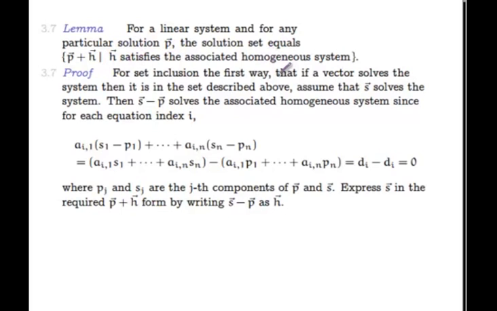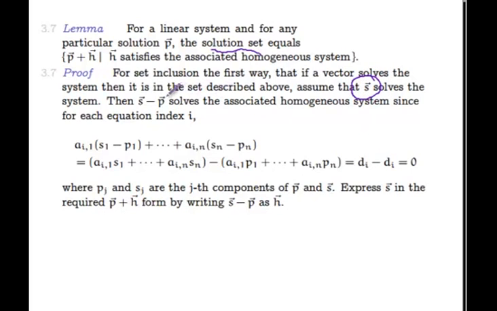Okay, so suppose that the vector solves the system. In other words, suppose that we have a vector that is in the solution set. And we'll call that S. Okay, so S is in the solution set.